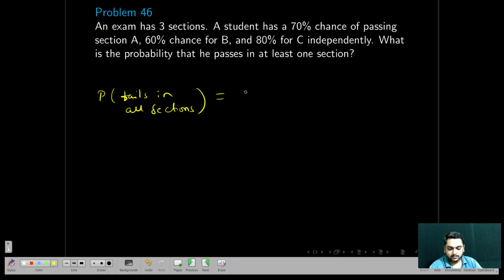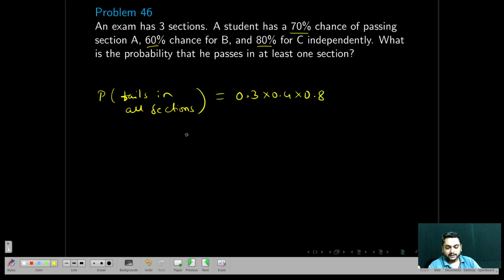What is the probability he fails in all sections? So if passing is 70%, 60% and 80%, then 100 minus 70, that is 30, is 0.3. This will become 0.4 into 0.8.